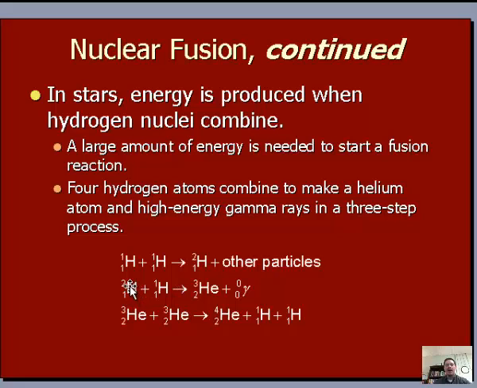Taking that hydrogen 2, combining another hydrogen 1, we get a helium 3 plus some gamma radiation. And then this helium 3 reacting with another helium 3 from another set of reactions produces our stable helium 4 nucleus plus 2 more hydrogen 1.